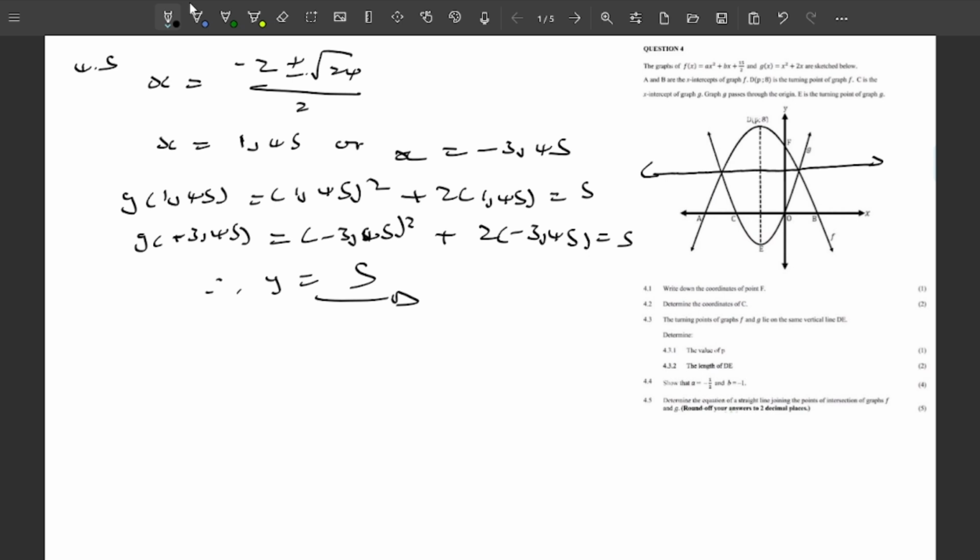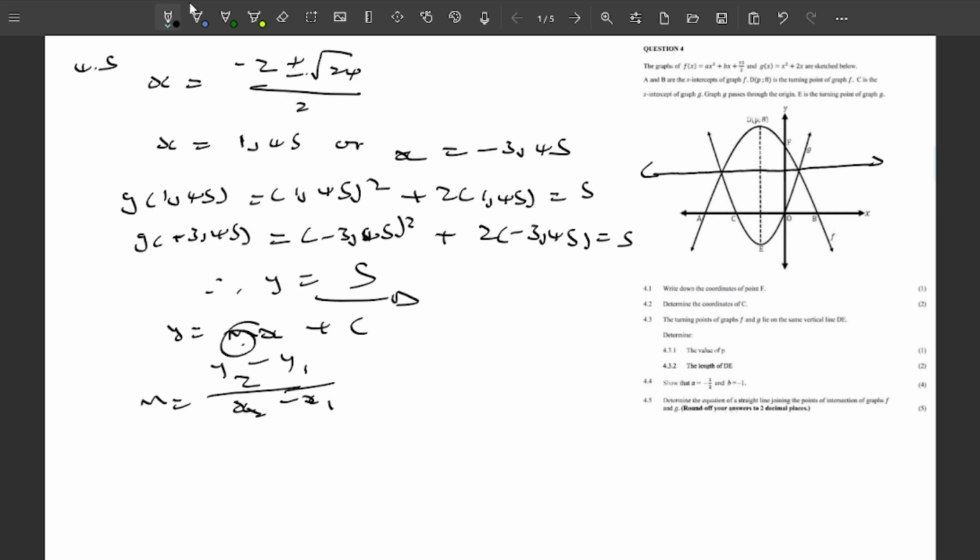If you continued, you would be using y = mx + c, find the gradient m, where m is equal to y2 minus y1 over x2 minus x1.